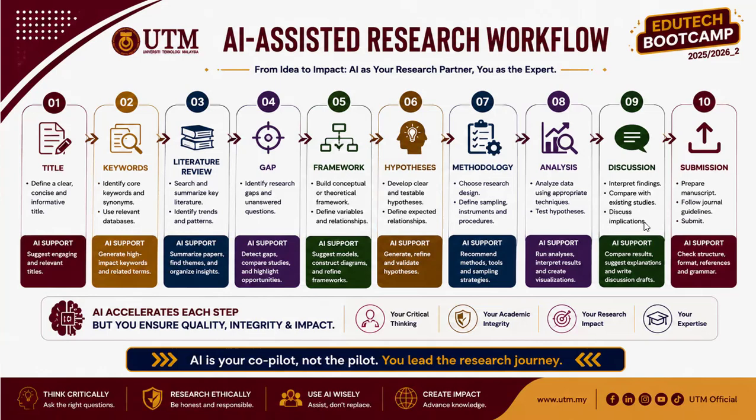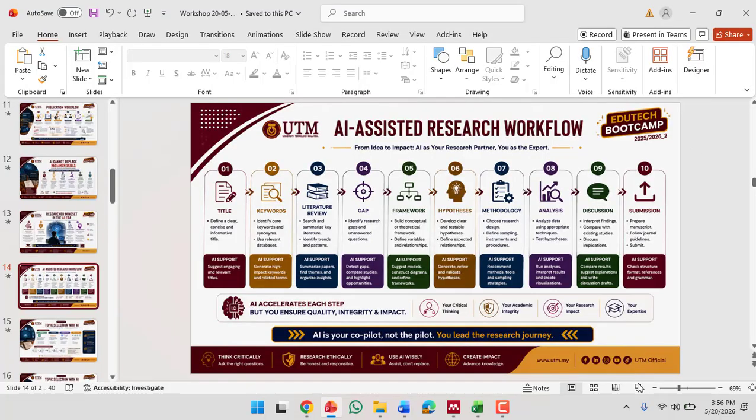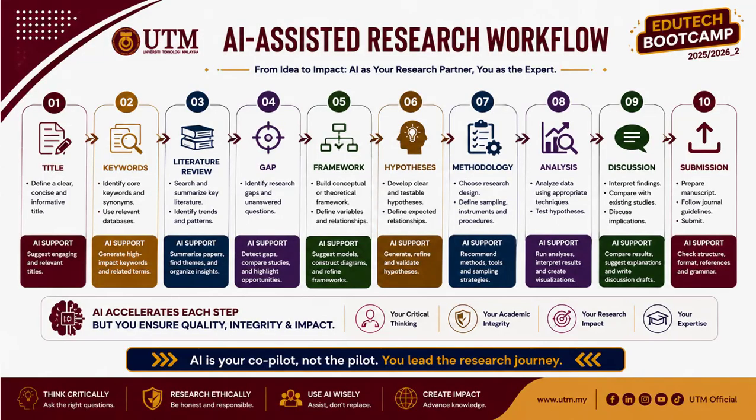Also getting to know about the keywords that you generate, the high impact keywords, because I don't know whether my keyword is searchable or not. Because the AI tool can suggest very good keywords. Maybe it's new, very innovative, very trending keywords we can find.